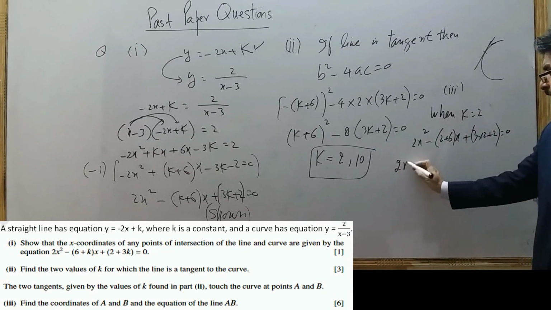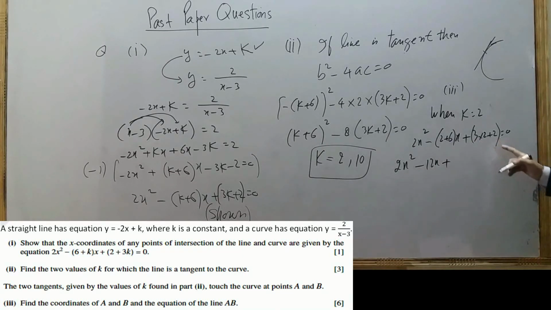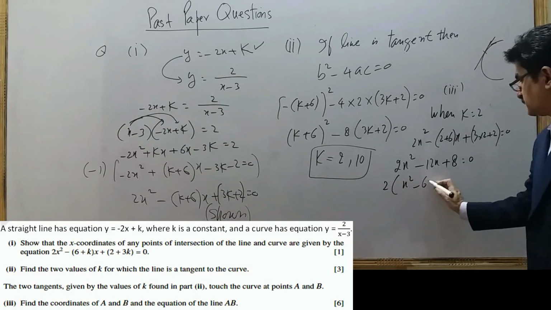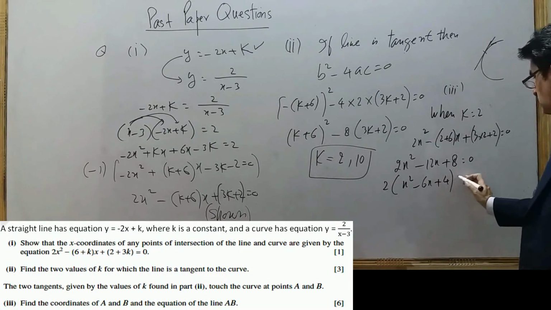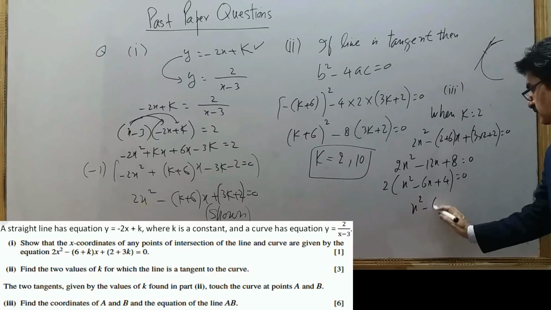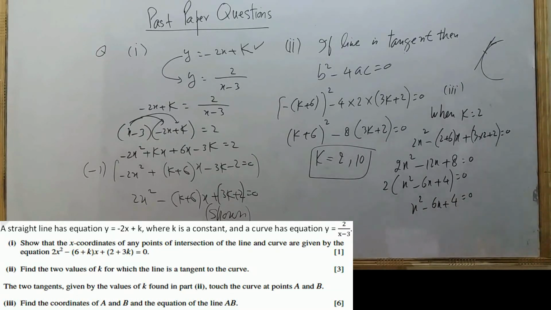So from here you have 2x square minus 12x, 3 2s are 6, this is 8, this is equal to 0. You can take 2 common to simplify this equation. You have plus 4 equal to 0. From here we have x square minus 6x plus 4 equal to 0.